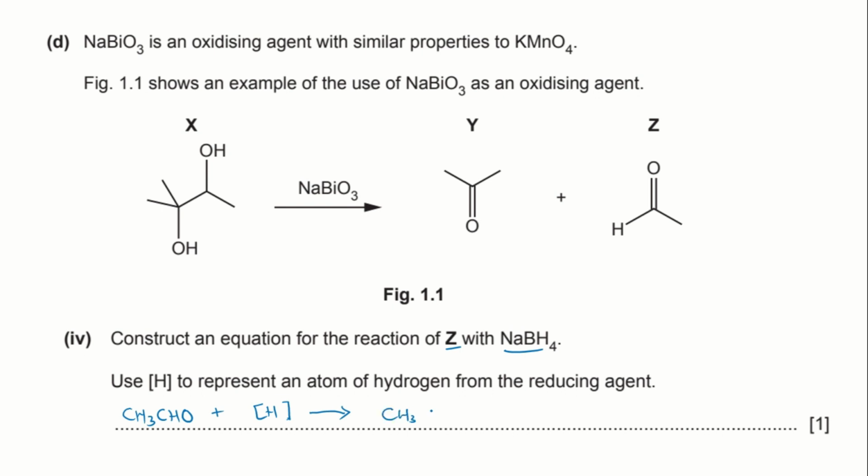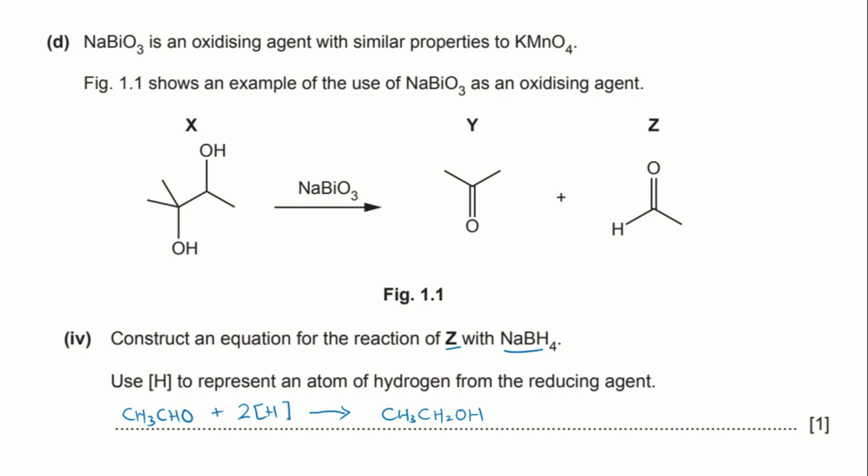CH3 has no change, right? The functional group CHO will become a primary alcohol, CH2OH. Now, that's the only product. So let's see how many hydrogen atoms are needed from the reducing agent. From the left Z to the right primary alcohol, I have used 2H, right? From 1H here to 3H. So plus 2 hydrogen atoms from the reducing agent.